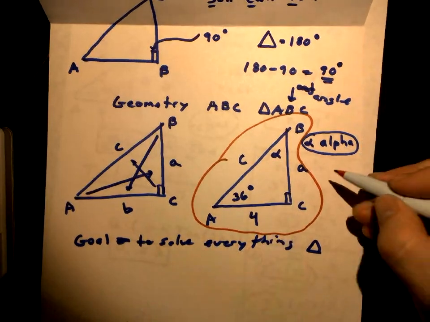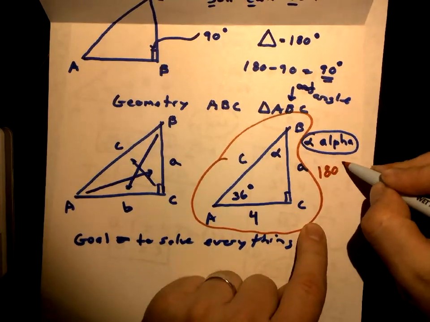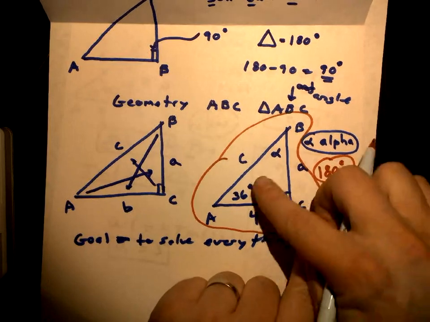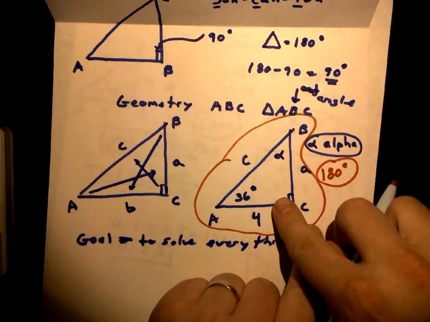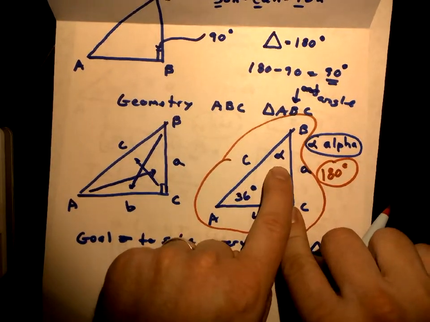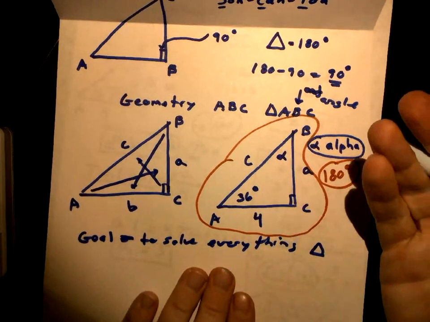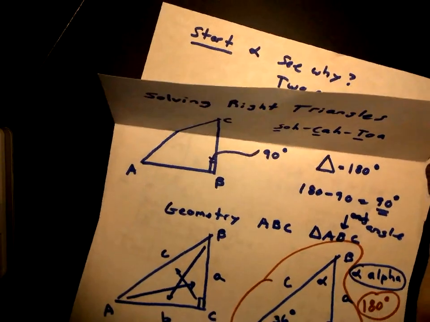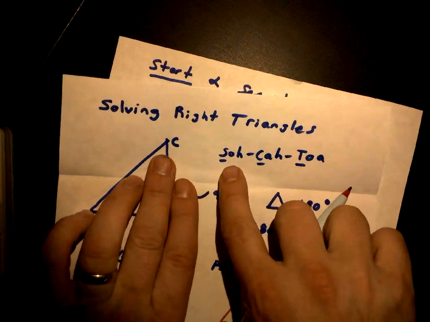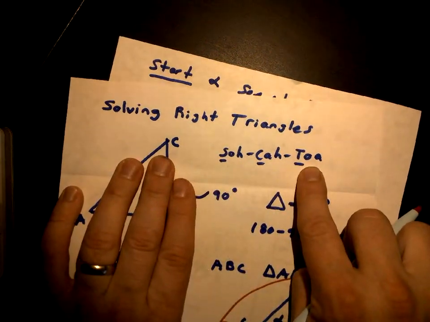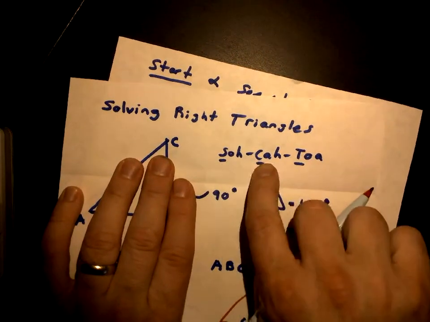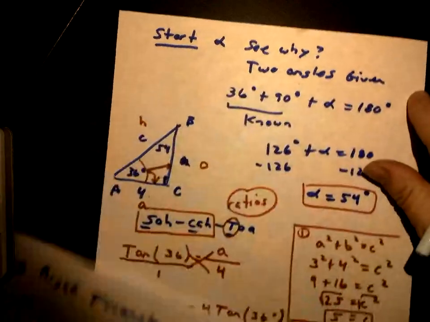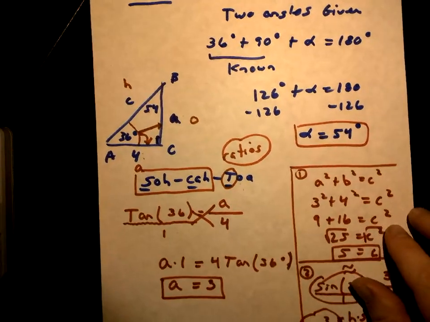Well, I know from geometry that 180 degrees is the whole thing, and I have two pieces. I find the third piece. Maybe that works. Do soh-cah-toa, sine, cosine, tangent, and just kind of go from there.